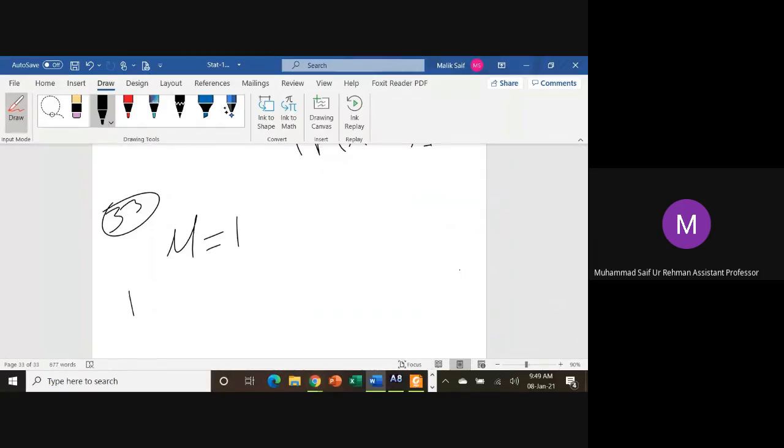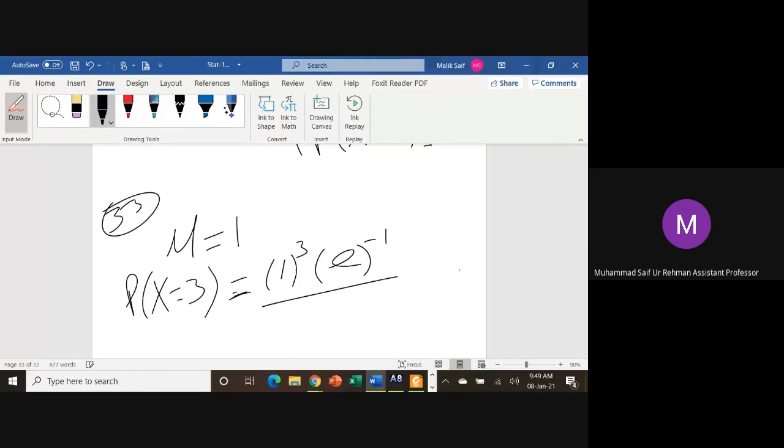So you will write down probability of x is equal to 3, and you will substitute the values in the formula. Mu power x, that is 1 power 3, then e power minus mu, that is e power minus 1, divided by x factorial, so 3 factorial.